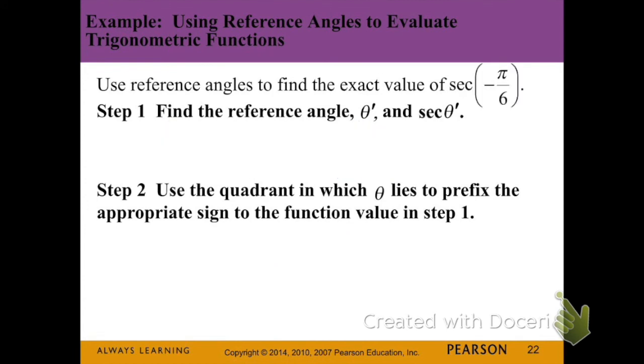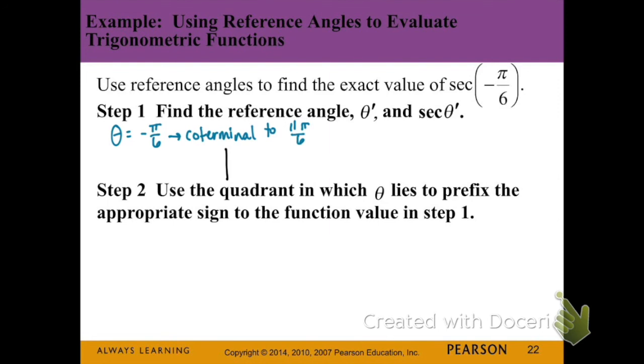In my final example, we are going to find secant of negative pi over 6 using reference angles. So again, we're going to start with finding our reference angle. We first need to find our coterminal angle since negative pi over 6 is not between 0 and 2 pi.